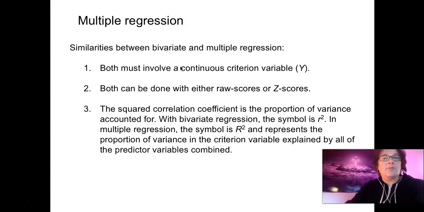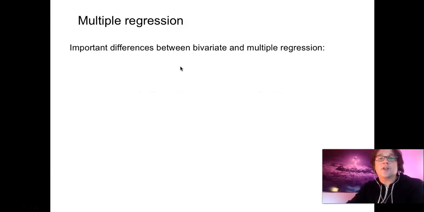Okay, so the principle of this coefficient of determination, understanding how much one variable accounts for the other variable, or changes in one variable is accounted for by changes in the other variable, that applies to regression, multiple regression as well.